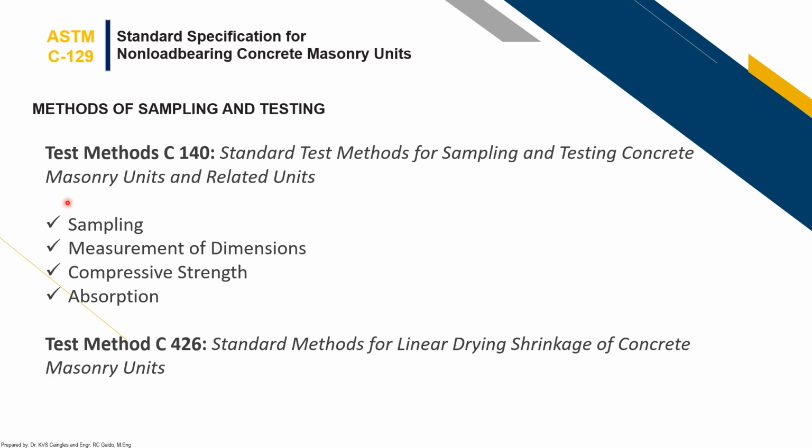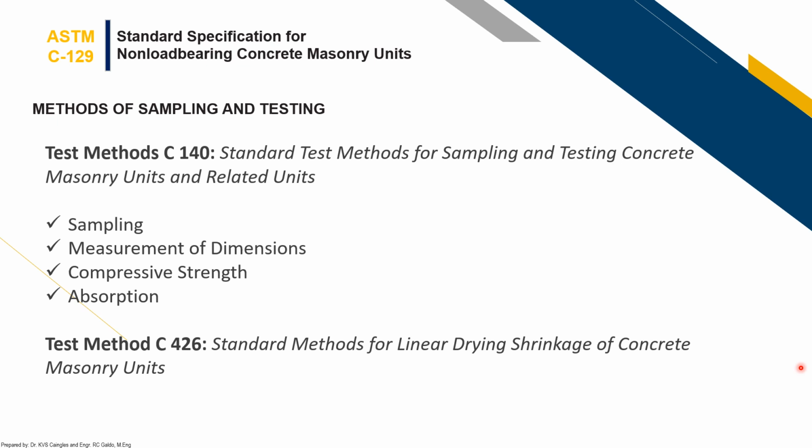So when you say test method C140, that is the standard test methods for sampling and testing concrete masonry units and related units. So what are the tests that are applicable for our concrete masonry units na upat ka buok? First of course is the sampling. Then second is the measurement of dimensions, the determination of the compressive strength rather, and the absorption.